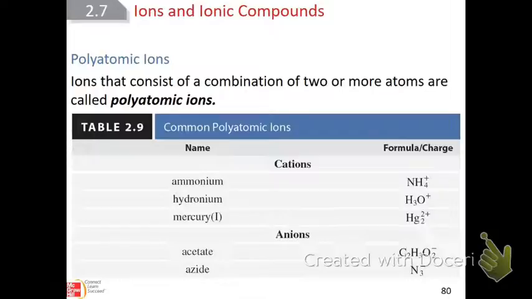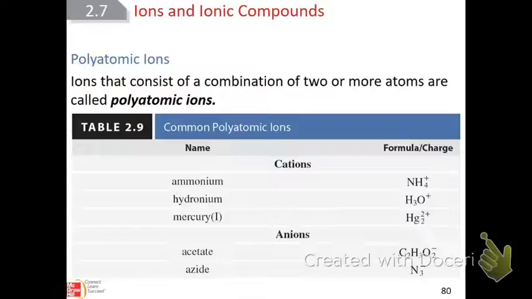So they exist almost as a single entity, and they're very difficult to separate, and so they are named accordingly. And almost all of these are anions. Most all of the polyatomic ions that are known are anions.